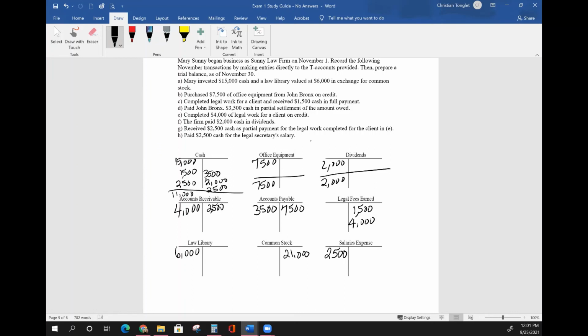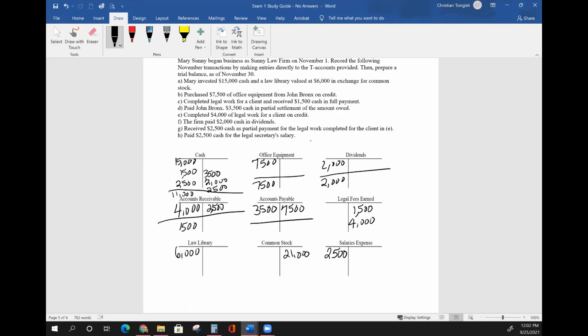My dividends, $2,000. Accounts receivable, I'm going to take the 4,000 less the 2,500 to come up with my balance in the account, and it's going to be a debit because it's higher on the debit side. So I have a $1,500 balance. On my liability side, I owed 7,500, but I have to reduce it because I paid some of that.